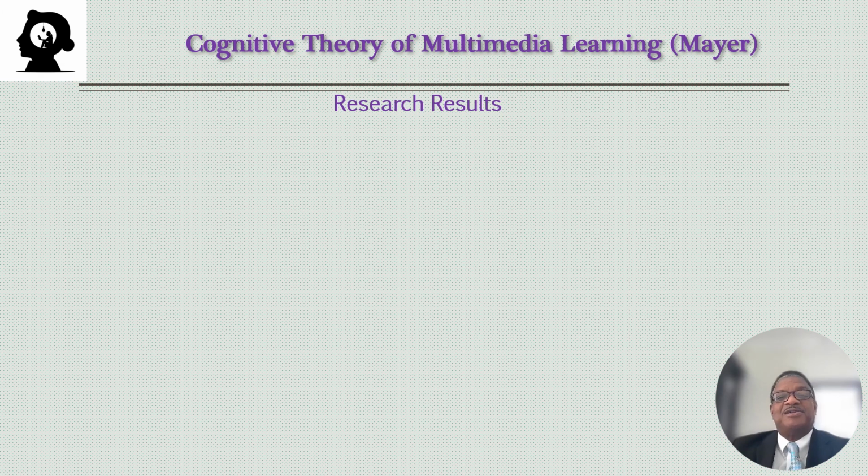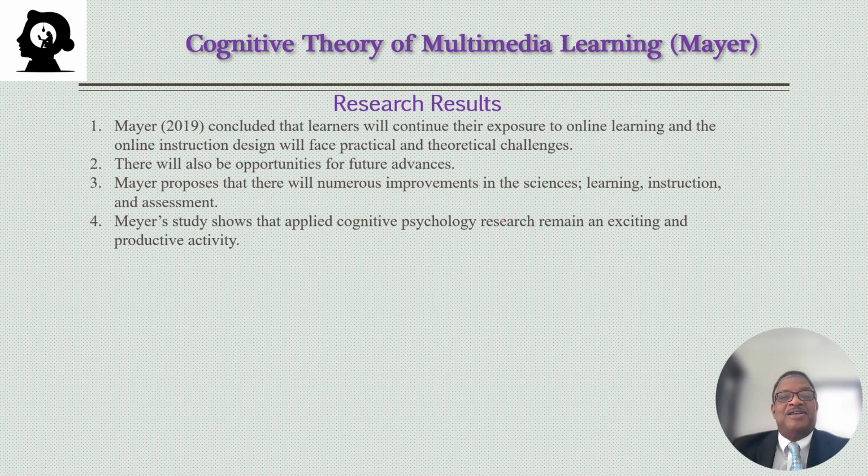And the results, drum roll. Mayer concluded that learners will continue their exposure to online learning, and the online instruction design will face practical and theoretical challenges in the future. There will also be opportunities for future advances.